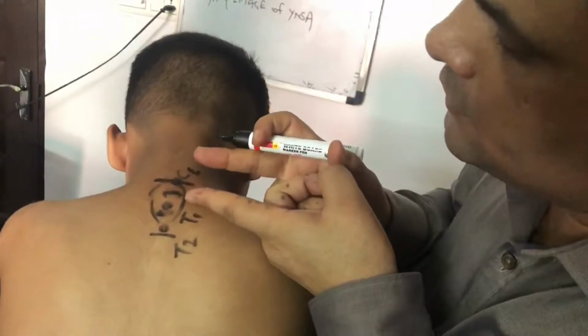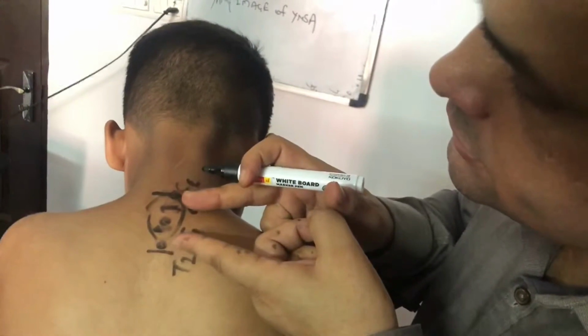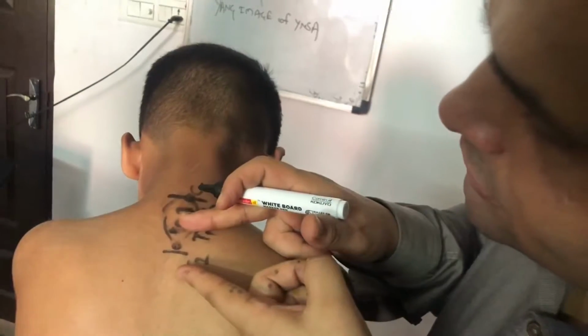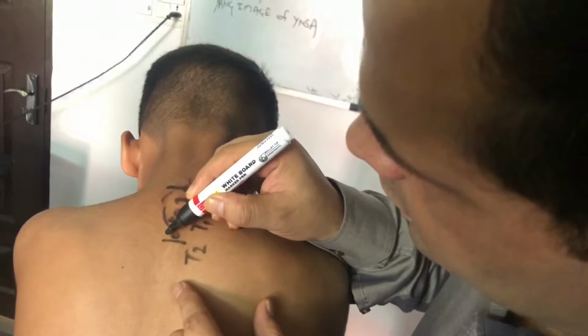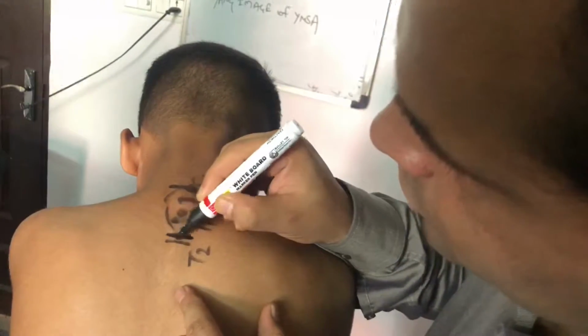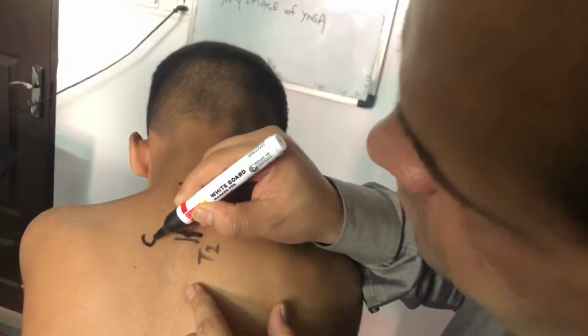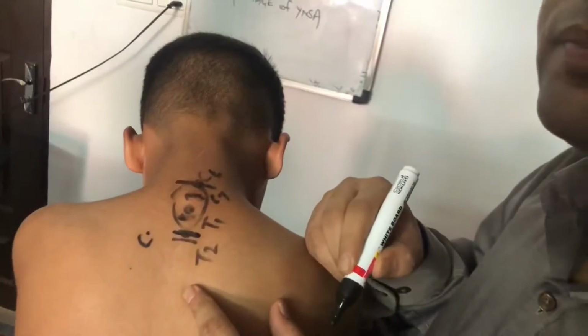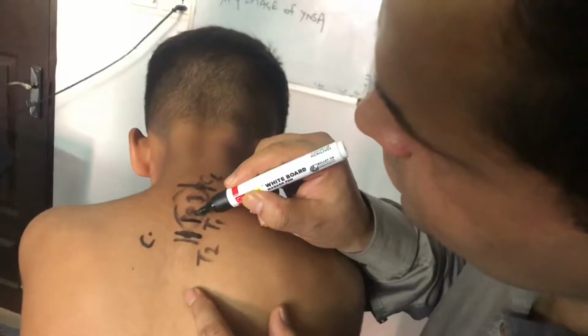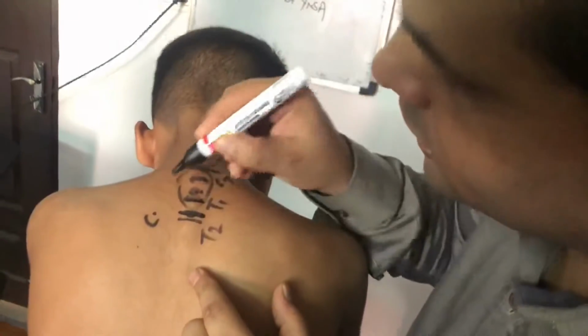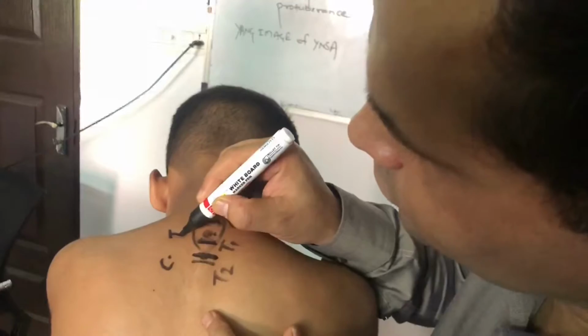So one depression between C6, C7. Next is C7, T1. Next is T1 to T2. So if you insert a needle between T1 to T2, this is the treatment of cervical spine. If you insert a needle between this C7 and T1, this is the treatment of thoracic spine.